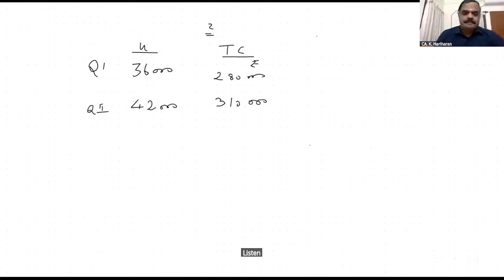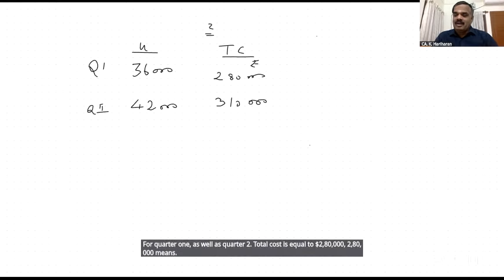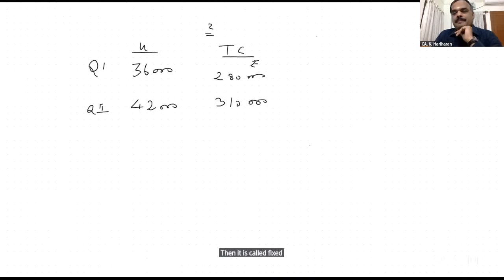Listen here. For easy identification, if for Q1 as well as Q2 the total cost is equal to 280,000, then it is called fixed cost. Am I right?